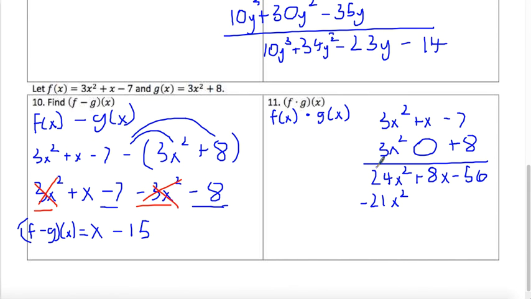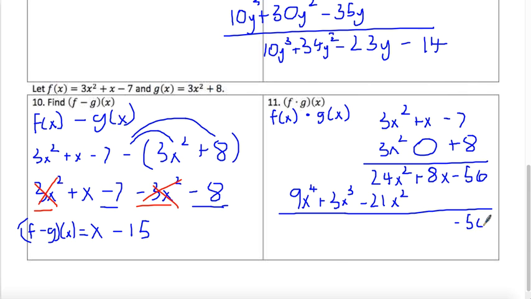So 3x squared times x is 3x cubed, and 3x squared times 3x squared is 9x to the 4th. So here we can see there's only one pair of like terms that we have to add. If we had done this horizontally, then it might be a little trickier because you have to look for those like terms.